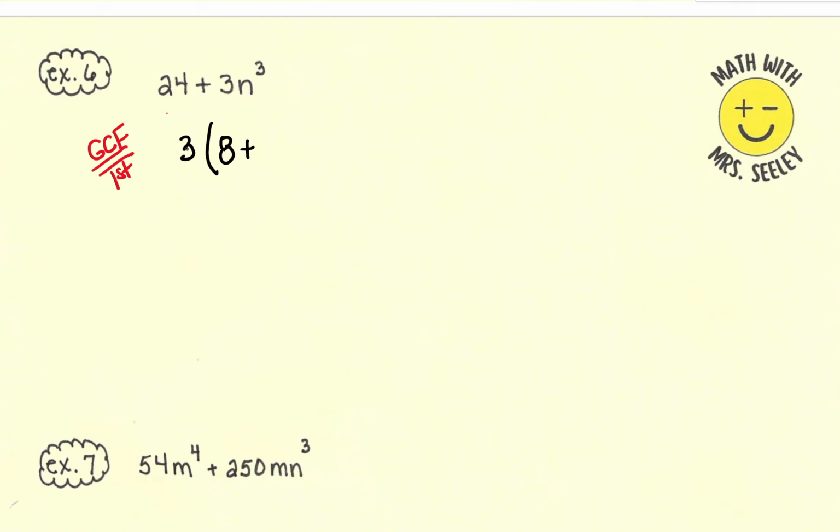And then 3 divided by 3 is 1, so I'm just left with n to the third. A lot of times, once you get out a greatest common factor, you'll see that you actually do have cubes. So bring your 3 over, because it's definitely part of our answer, and then do your short and your long.